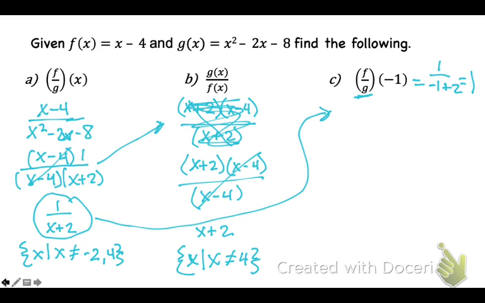When I evaluate, I have a final numerical answer. When I simplify, do I have a numerical answer? No. I have another function or some combination of variables, correct? Equations have x's and y's in them, don't they?